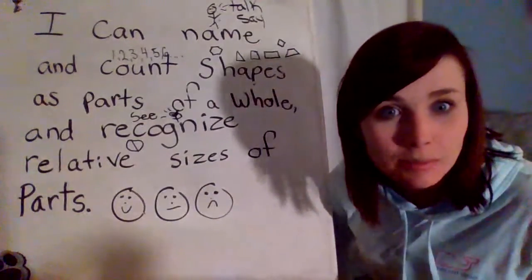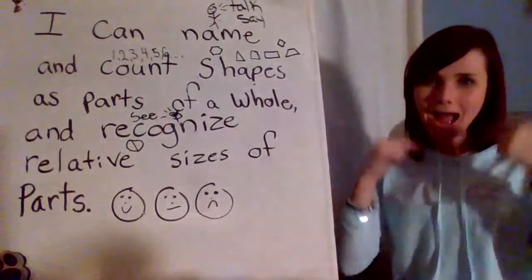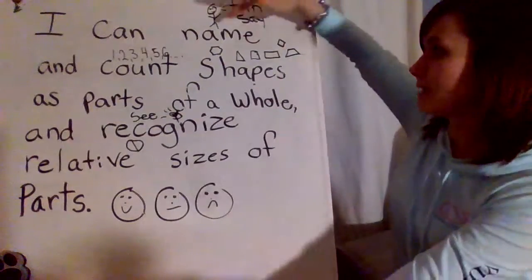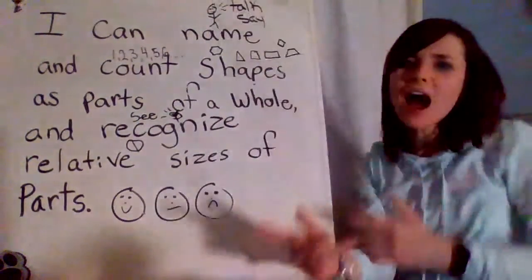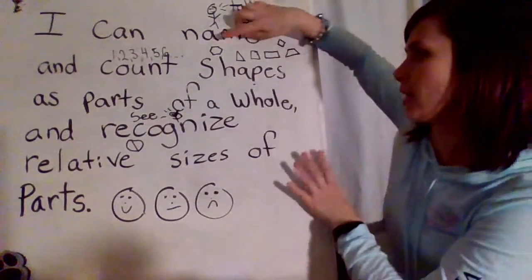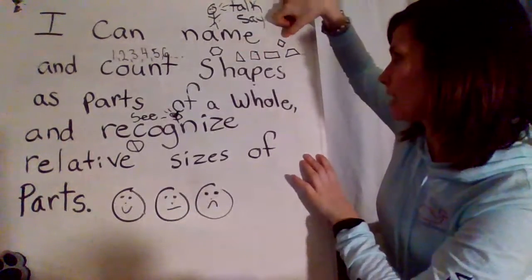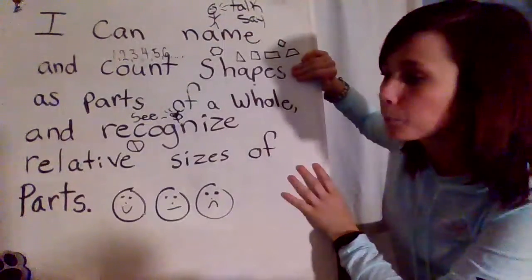Let's read this statement back. It's jam-packed full. Woo! All right, ready? I can. Say it with me. I can. Nice. Name, talk, say, and count. 1, 2, 3, 4, 5, 6, 7, 8, 9, 10, all the way up. Shapes. We have our hexagon, triangle, square, rectangle, rhombus, and trapezoid as parts of a whole.